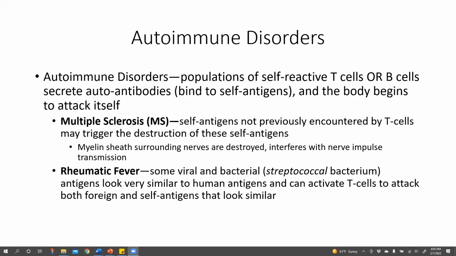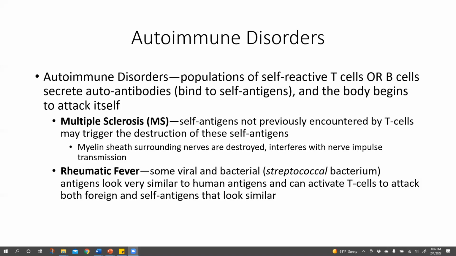First of all, we've got multiple sclerosis, commonly referred to as MS. This, they think, occurs because self-antigens that were not previously encountered by T cells may trigger the destruction of these self-antigens. So that's kind of hard for us to think about that.